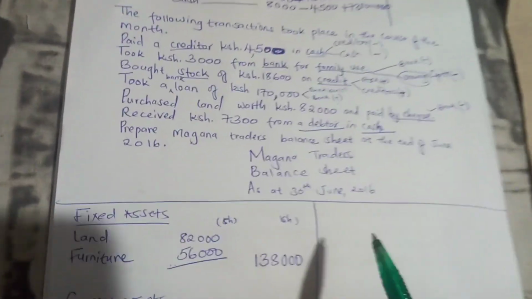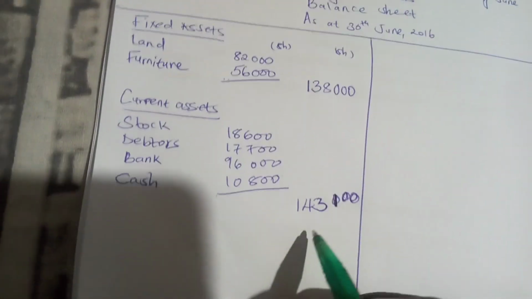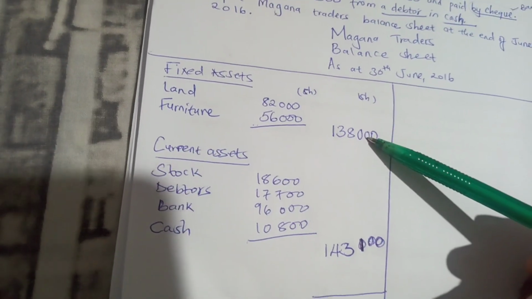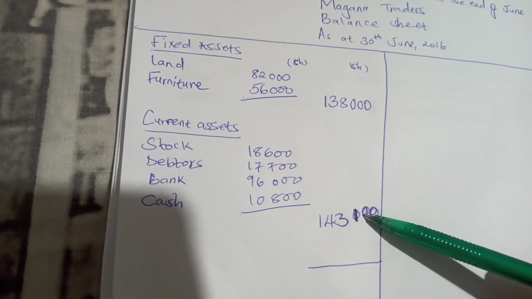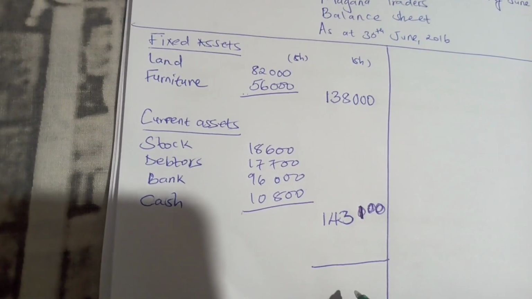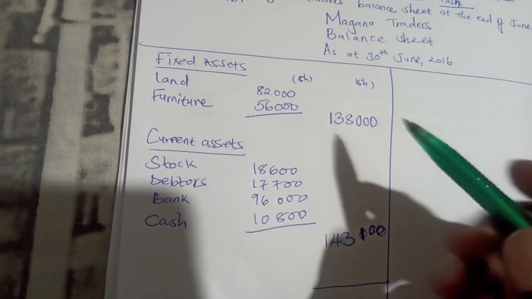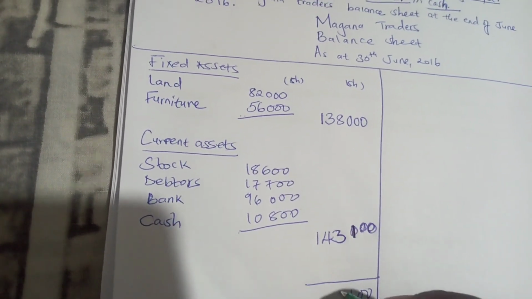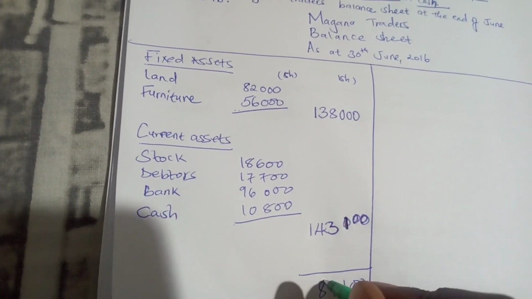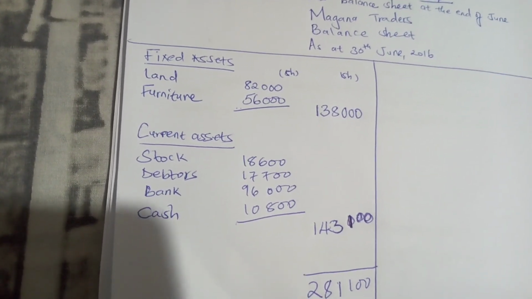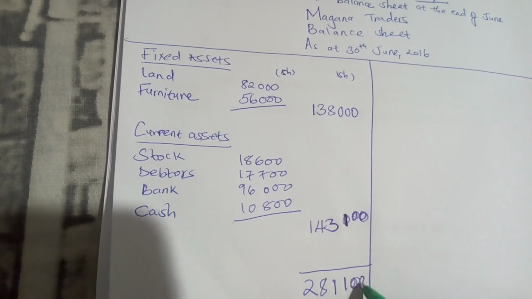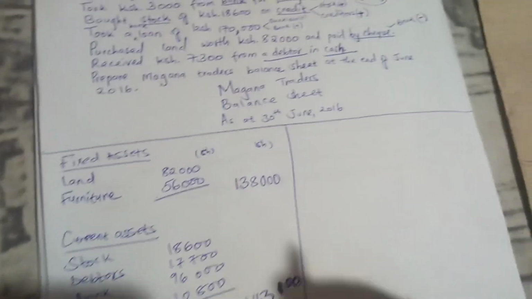We move on. Before moving on, let us total. So we take a total of fixed assets and a total of current assets to give us 281,100.